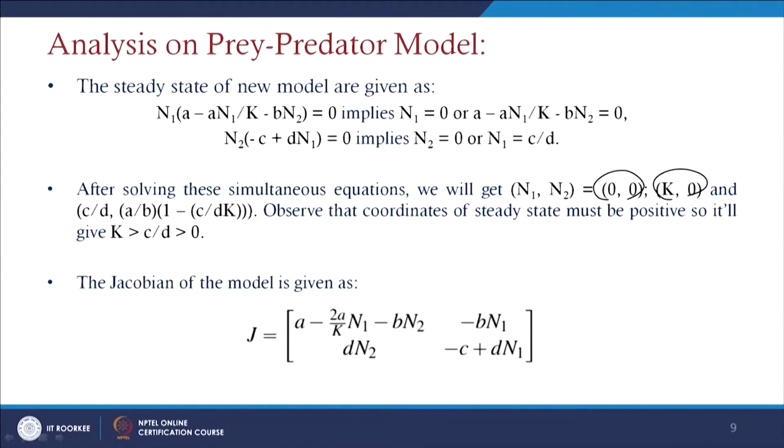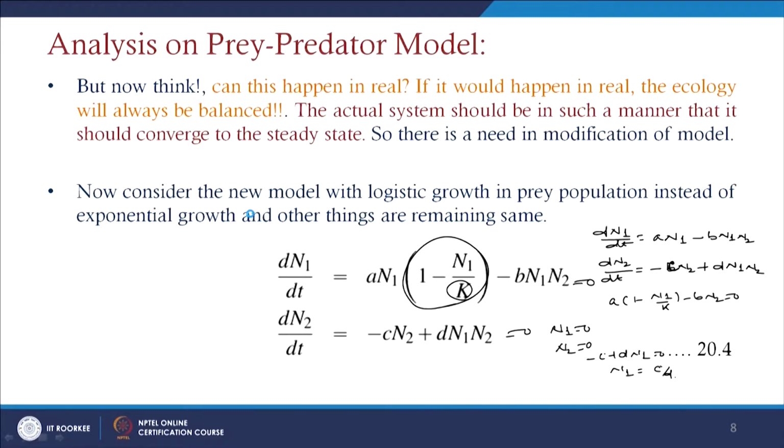And if we consider the Jacobian matrix, let this equation be f of n1 n2, and this be g of n1 n2, as I explained in the earlier slides.